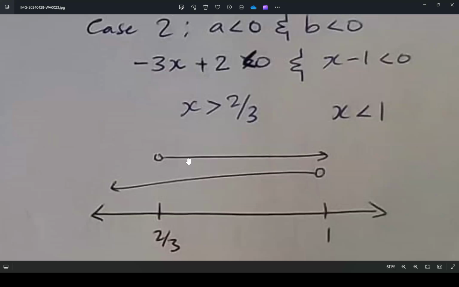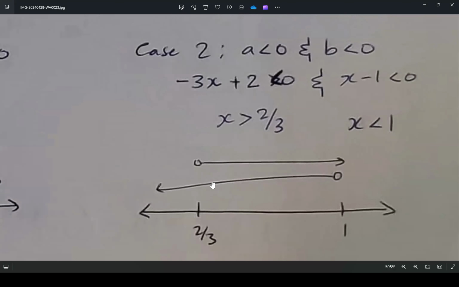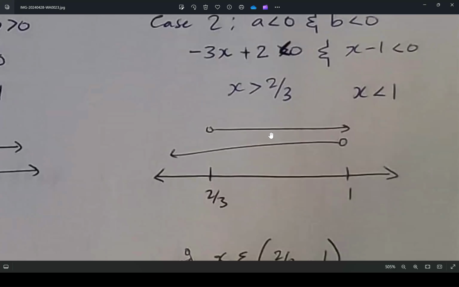But this time we have to draw what the new solutions are. So we have x from 2 over 3, we're not including it, going up. And we also have x less than 1 going all this way. We're going to realize that the solution needs to satisfy both, which is everything between 2 over 3 and 1.